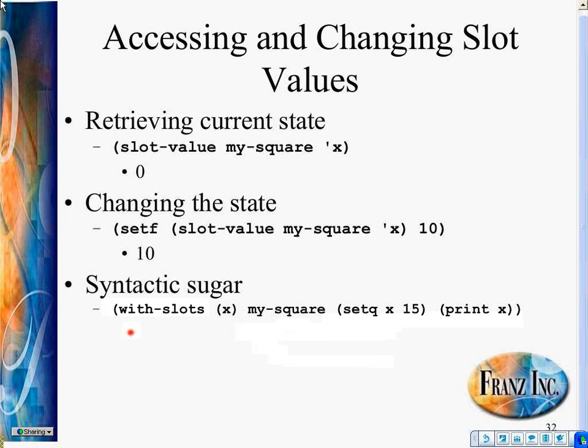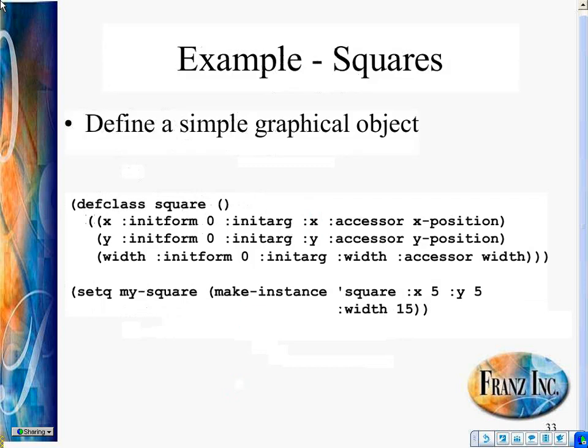This is called syntactic sugar because with slots is just an easy way of doing something which you would normally do. If you macro expanded this, it would macro expand out to something like that.